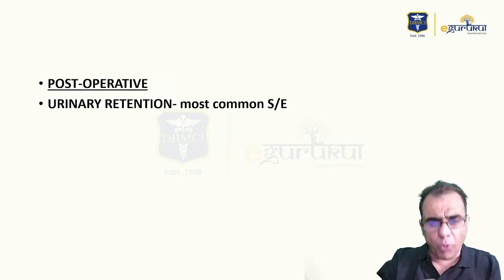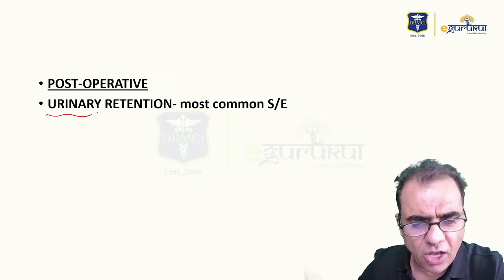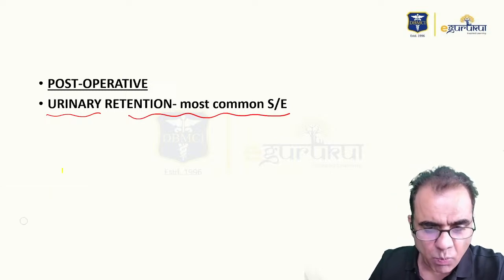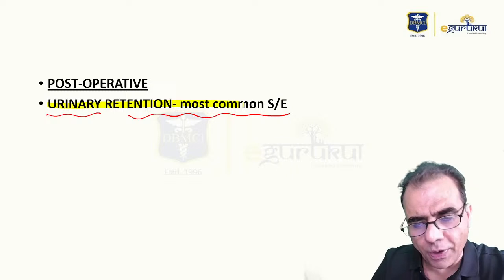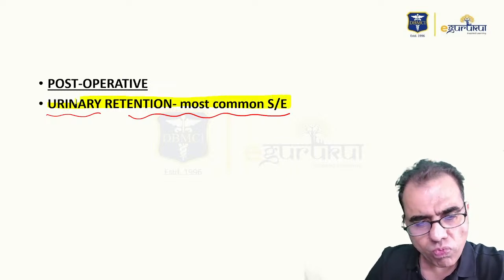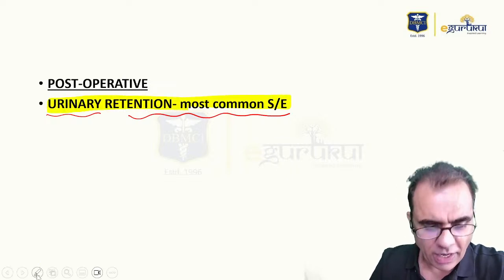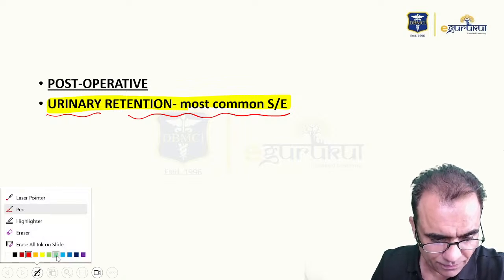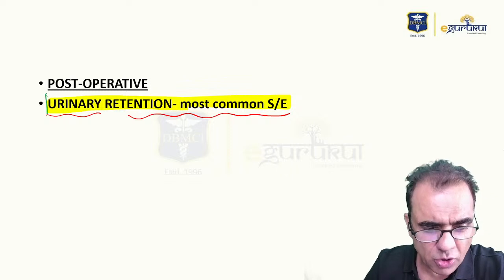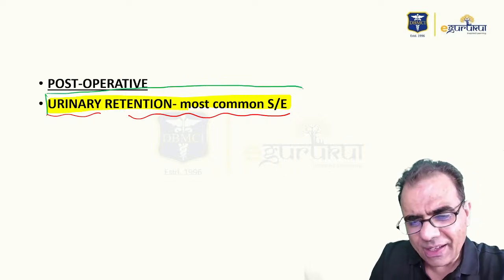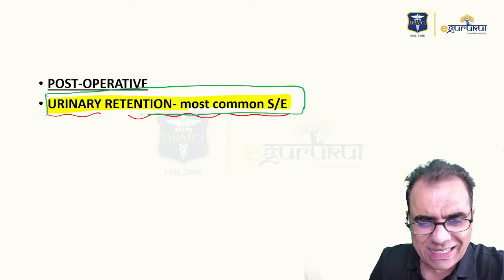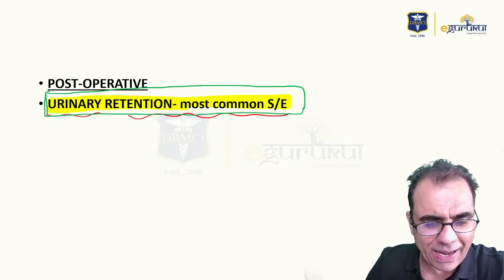Post-operative urinary retention is very common, so you can say that it is the most common post-operative complication. So rather I will use green pen for it, because in all your books you will see that the most common post-op complication mentioned is post-spinal headache.